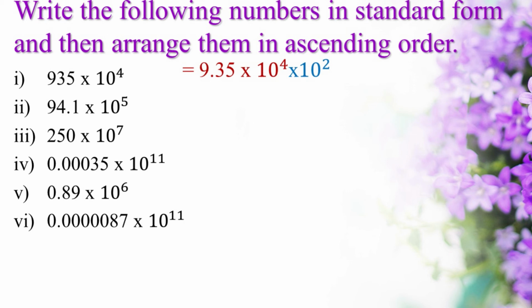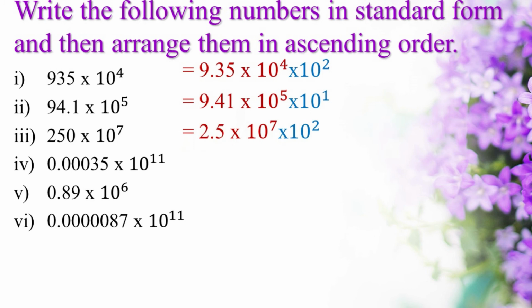On doing so, we have to add into 10 square to the given number and also place the decimal point before 3. Okay, we got 9.35 into 10 to the power 4 into 10 square. Right? For the next one, 9.41 into 10 to the power 5 into 10 power 1, because here we have moved only one step.